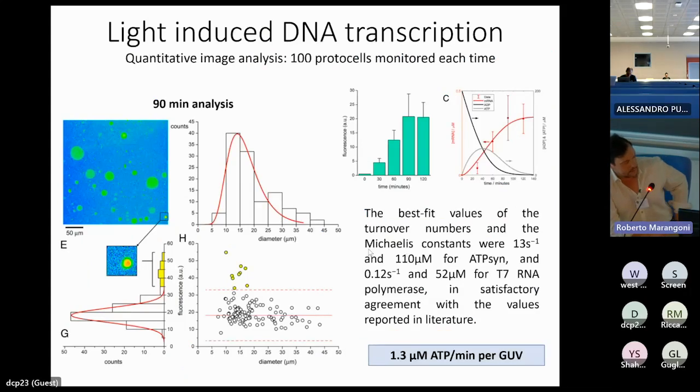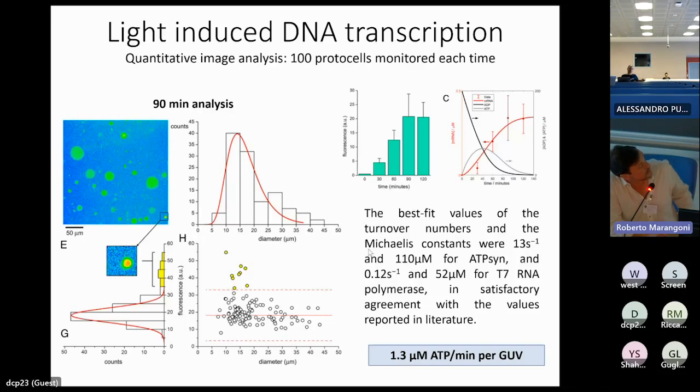Of course, we did a statistical analysis about these results, and we observed that the giant vesicles are very dispersed in size, and if you analyze the intensity of the fluorescence, we can observe that a Gaussian distribution can explain this dispersion, but there are a certain number of giant vesicles that exhibit a very large emission. So that is not described by the Gaussian distribution.